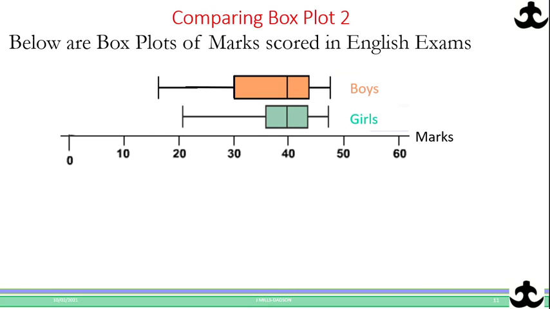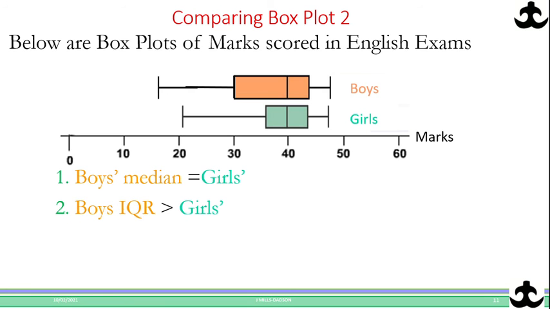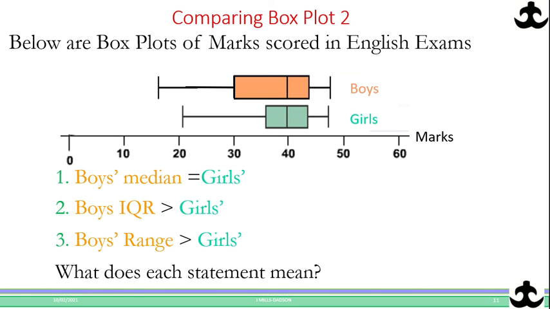Now let's look at a situation where we have both medians the same. So here you see boys' median the same as girls'. Interquartile range for boys bigger than girls. And range is boys bigger than girls. Now here, because they are the same, on average it seems to be performing or scoring the same marks on average. Now that's one of the reasons why we might need to use the interquartile range. The boys' interquartile range is bigger, making their median not consistent.